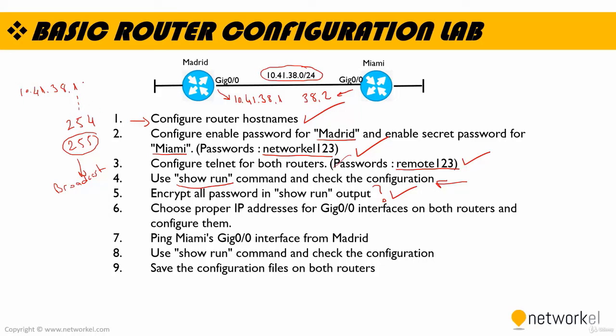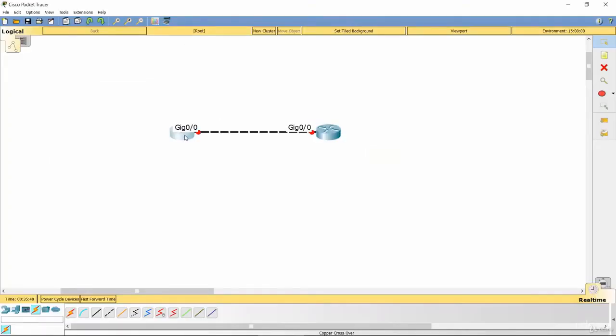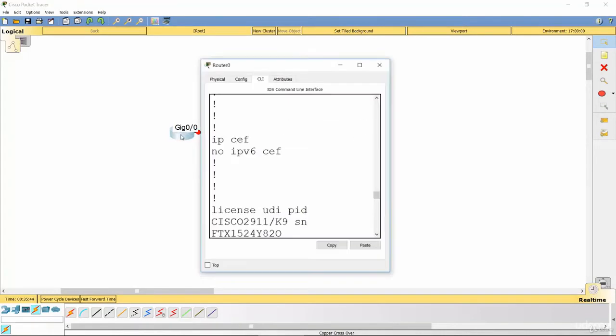Okay, as I told you, I can choose whatever I want in this range. So I choose these ones and let's configure them. I'm gonna configure the Gig00 interfaces.